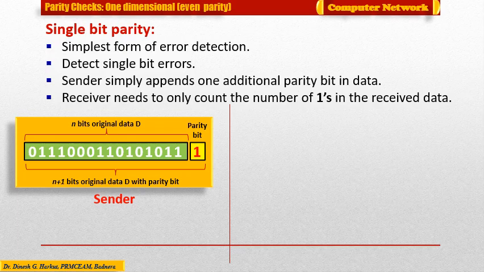For odd parity scheme, the parity bit value is chosen in such a fashion that the total number of ones in the data including the parity bit must be odd.